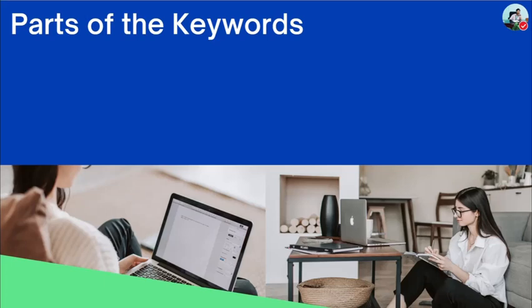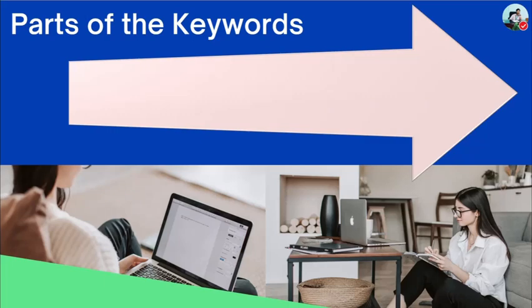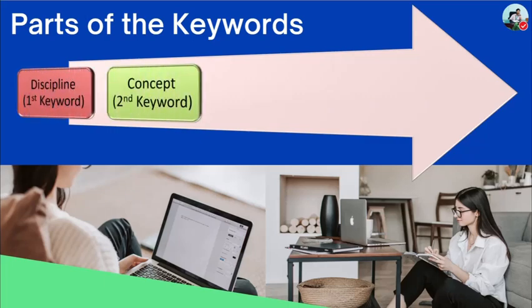So keywords are used to search the paper. The first keyword must be the discipline, like education, business. Second keyword is about the concepts of the study based on the title, like teacher attitude and others, housekeeping practices and all.